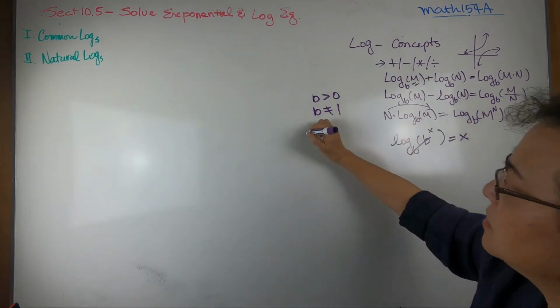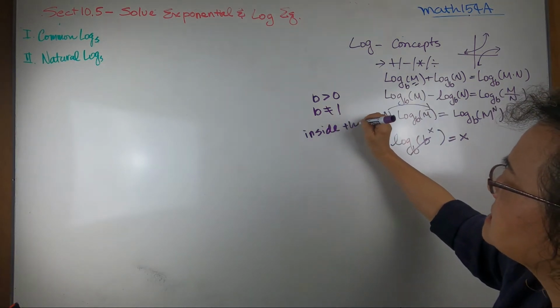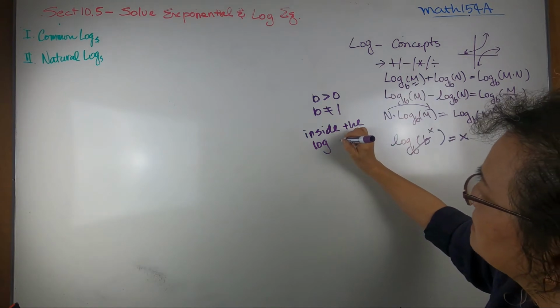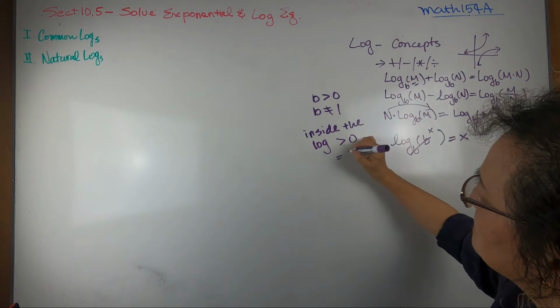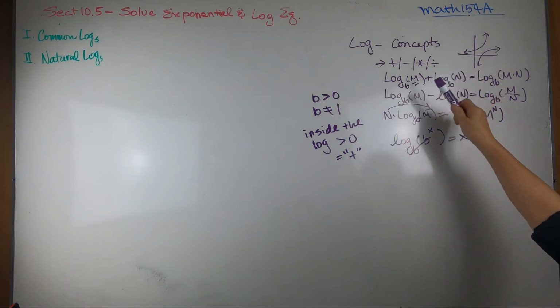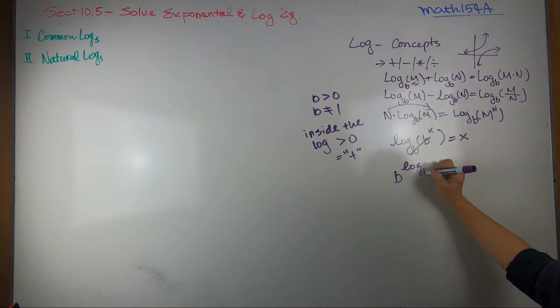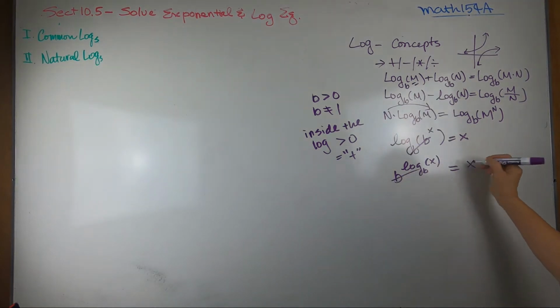Then the most important part: the inside of the log has to be a positive number, okay? So we also have another inverse operation. It's like this: b to the log base b of x, then you have x.